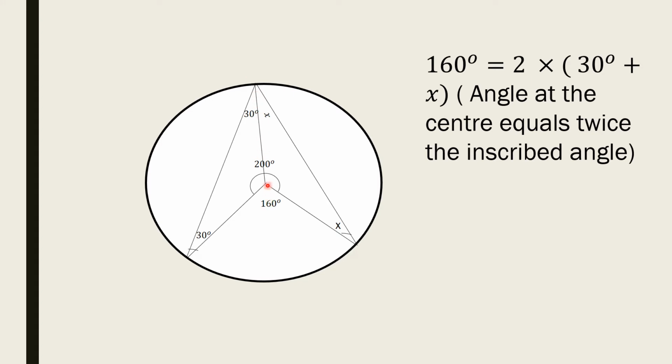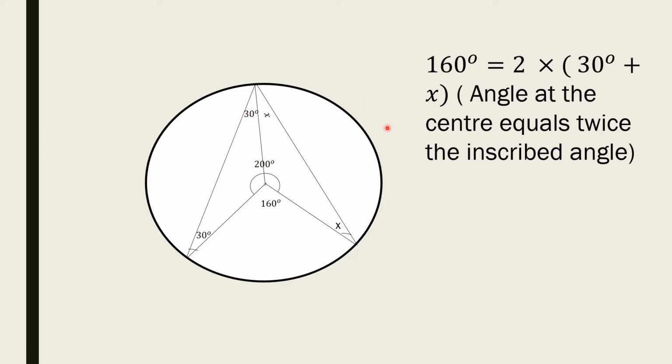You know this is the center. From here to here is the radius, from here to here is the radius, and from here to here is the radius. If that is the case, the angle here and the angle here are equal, isosceles triangle. The angle here and the angle here are also equal, the base angles of an isosceles triangle.